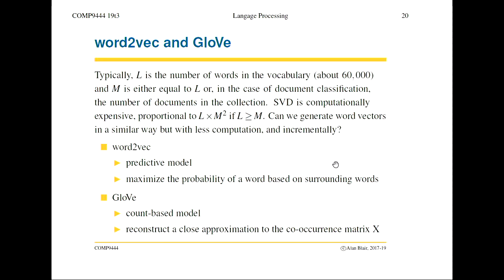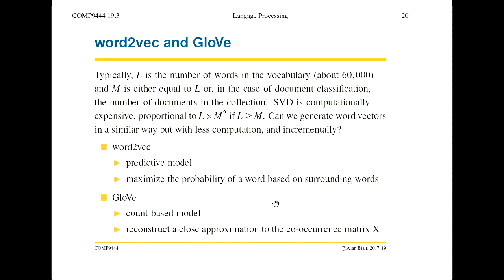If it's 60,000, the computation will be 60,000 cubed, which is basically intractable. It's up in the billions, right? So we can't compute it exactly. We have to approximate it somehow.